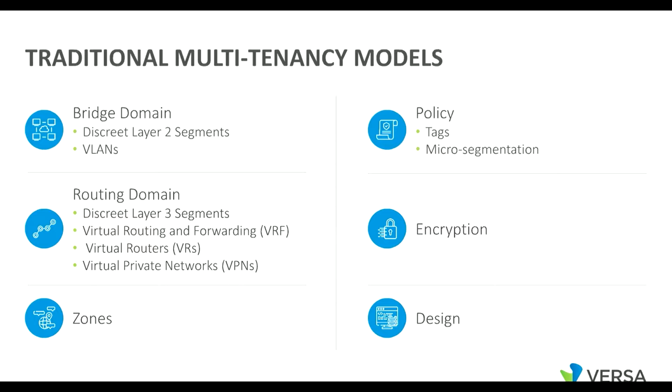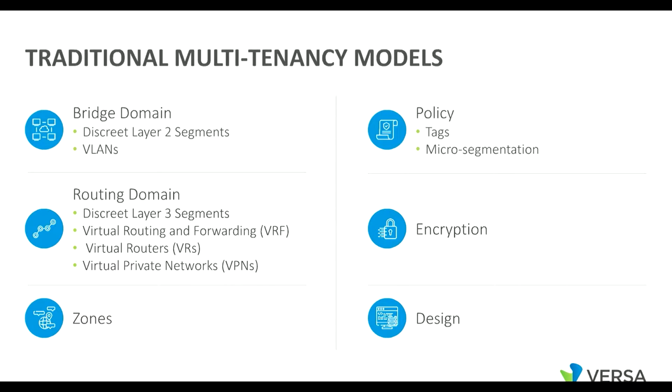Encryption methods are a way of segmenting traffic to make sure that one part of the network doesn't necessarily know what the other part of the network is doing. Even down to micro-segmentation, which SD-WAN really takes one step further, being able to segment applications and users into different types of traffic.